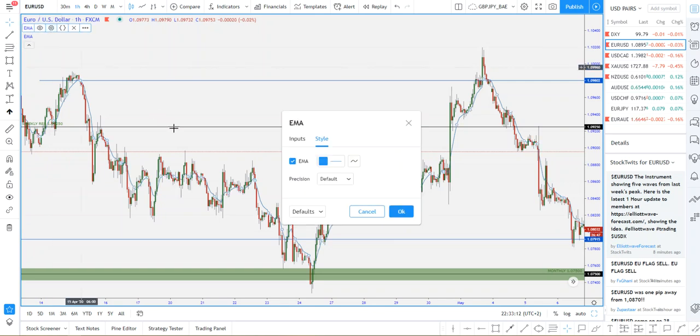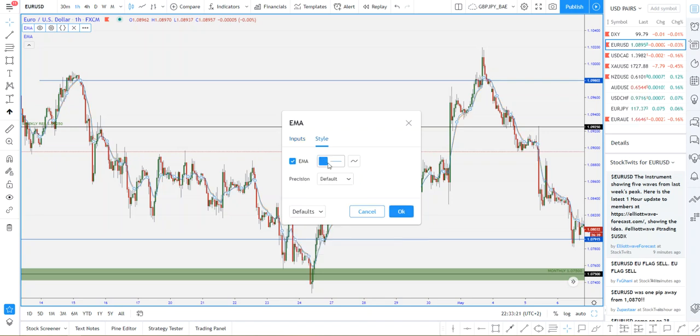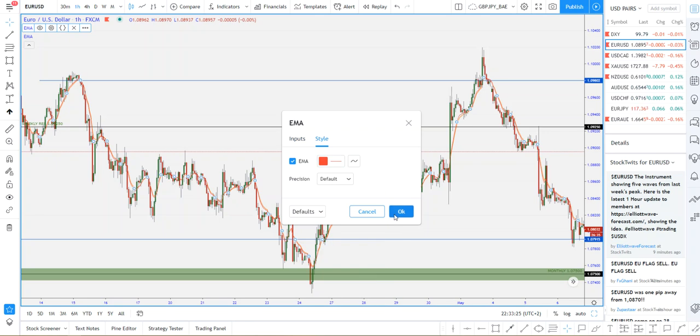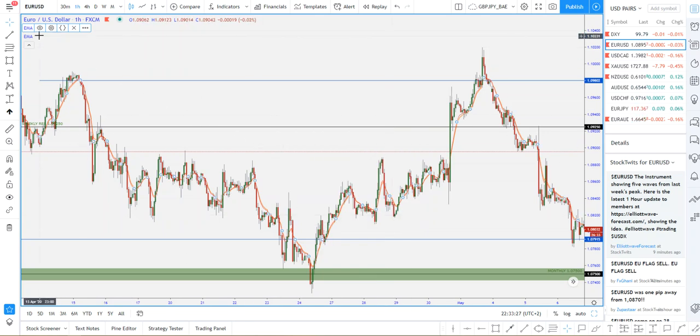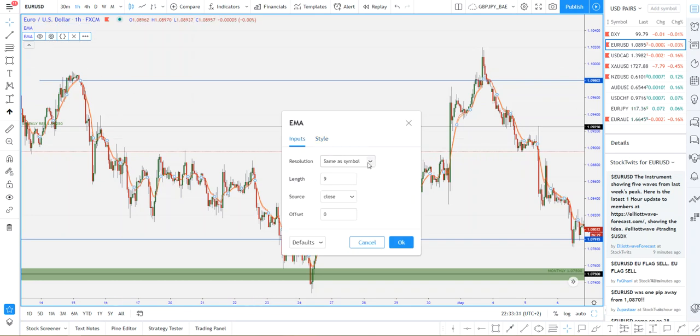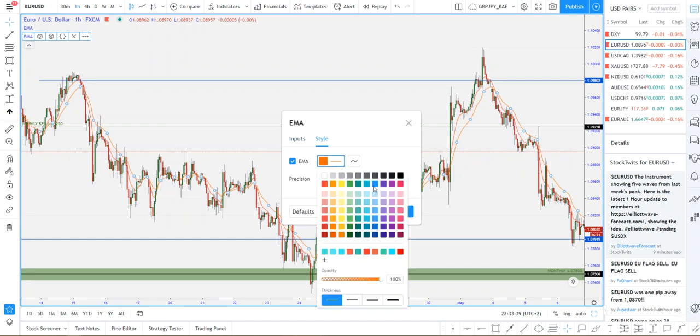Thereafter, you go to settings. The first one will be period 8, and that one will be the red one. All of us will be using the red one with period 8, and then the second one will be period 18, and this one will be blue.